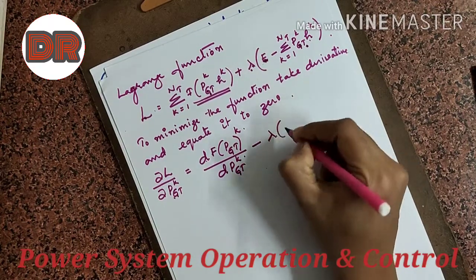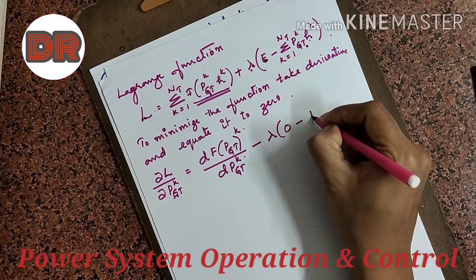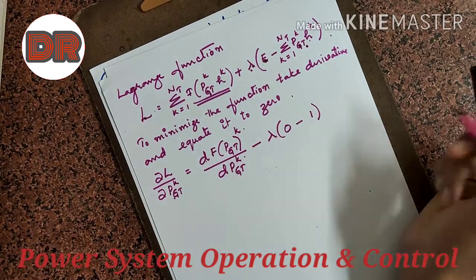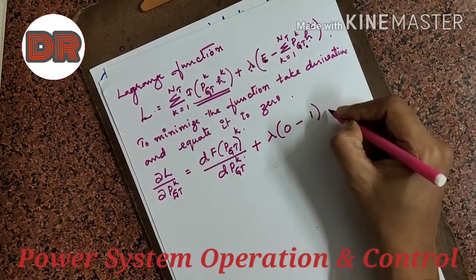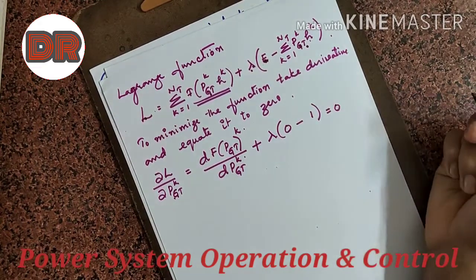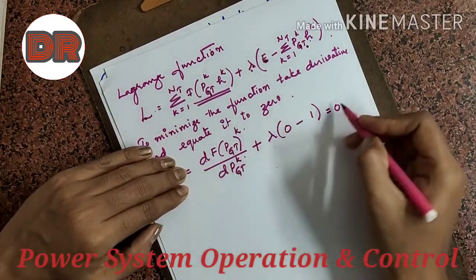So this is 0, and this is 1. Sorry, this is plus, equal to 0. We have to compare it to 0. So I can forget this part, and this equation I can equate to 0.